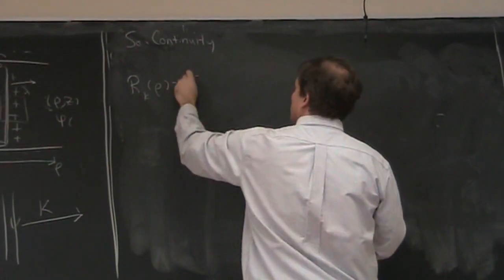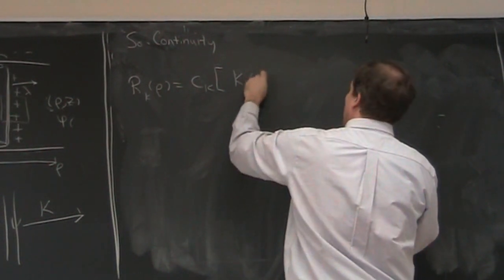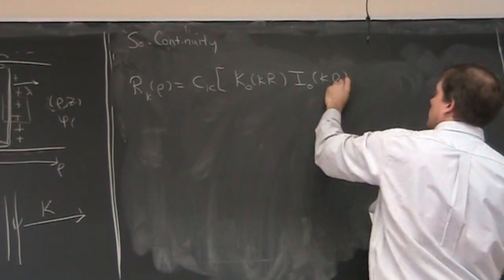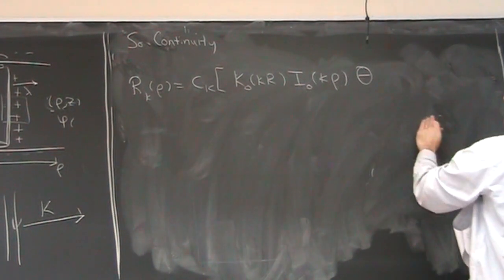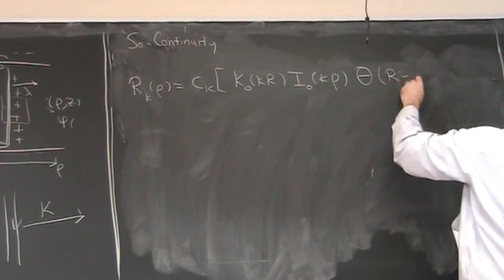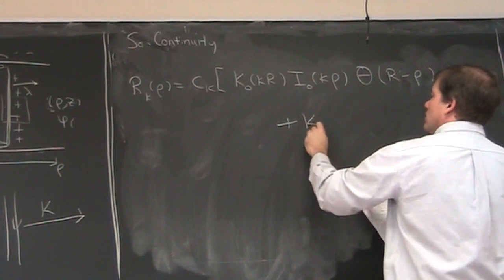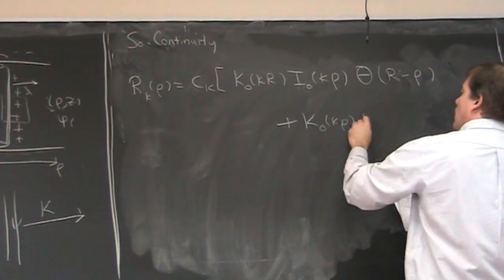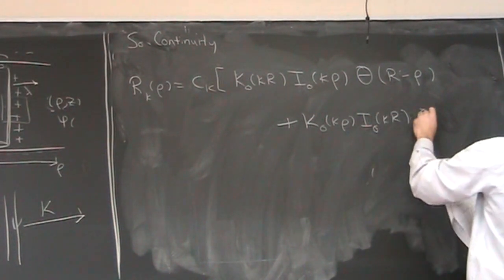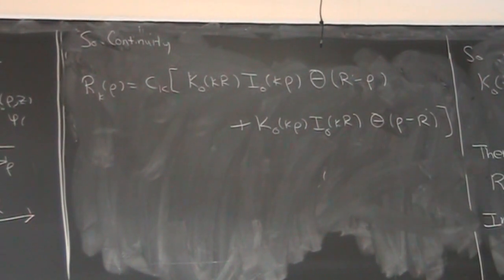We need to take some form C of K as K0(KR) I0(K rho), valid for rho less than R, and K0(K rho) I0(KR), valid for rho greater than R. So we have, again, a discontinuous solution.